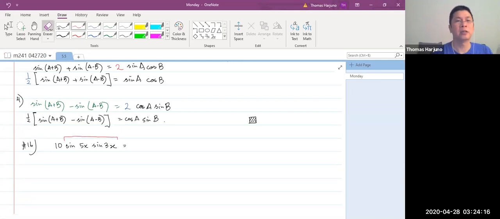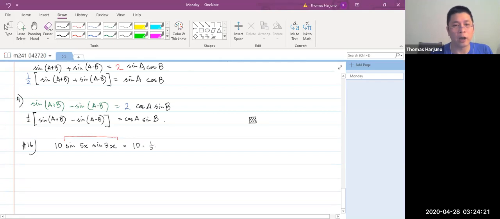Okay, that will be 10 times 1/2 sine of sum. I'm sorry, that's sine, my bad. It's not. That's negative 1/2 cosine of sum minus cosine of difference.